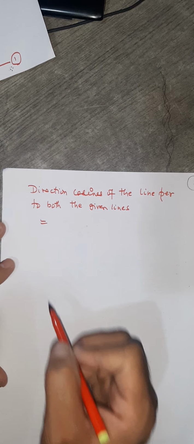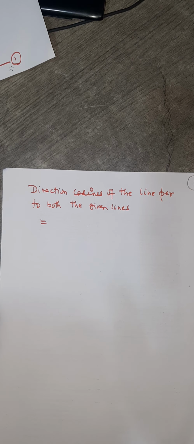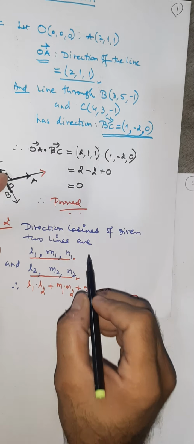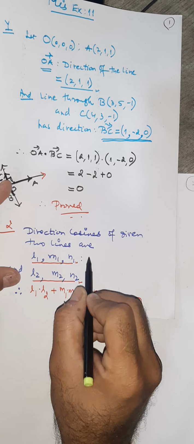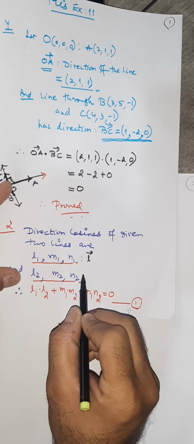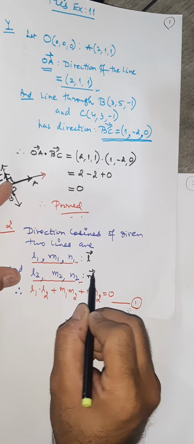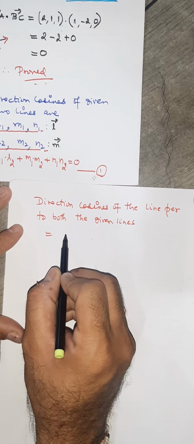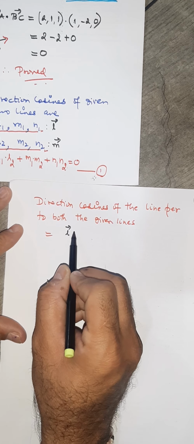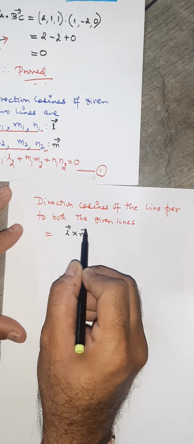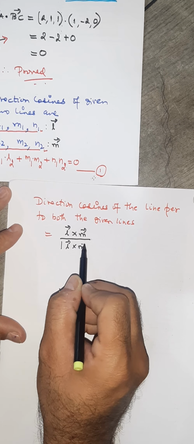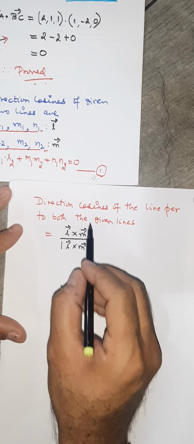here I'll just take the cross product. So let me call this vector L and this vector M. So here what you'll get is L cross M upon their magnitude. You know the definition, beginning of the previous chapter, unit vector.